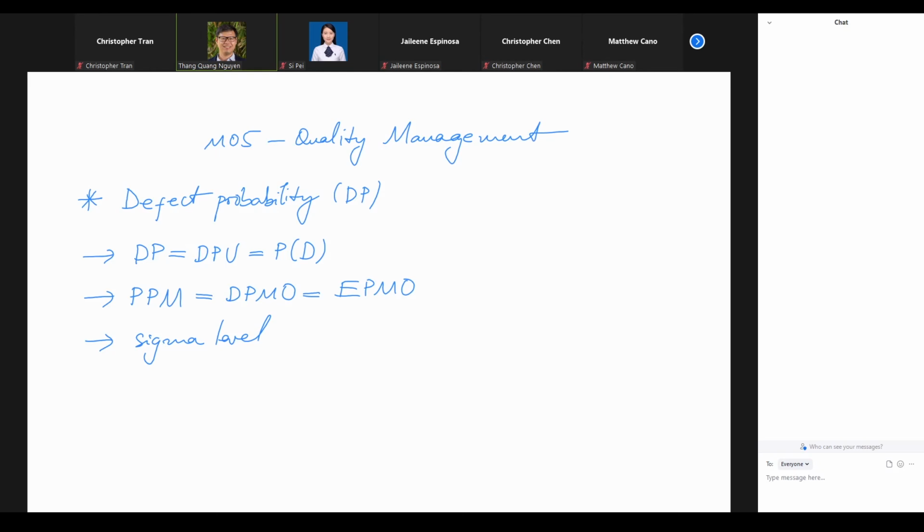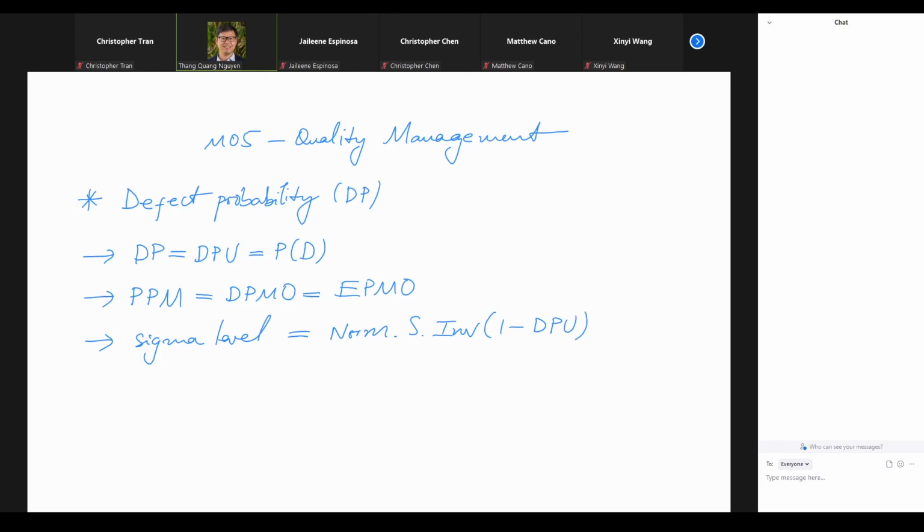But that sigma level understanding is kind of only for manufacturing. In this case, we try to make it a little bit more general so that we can talk about the sigma level of any company, of any industry. It doesn't have to be in manufacturing. So the sigma level that we are using here is defined as NORM.S.INV of 1 minus the DPU.